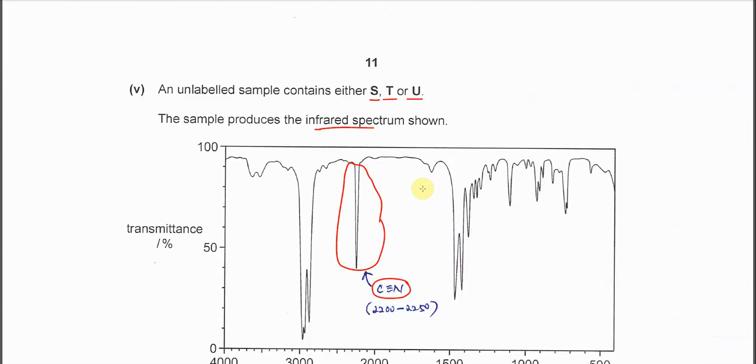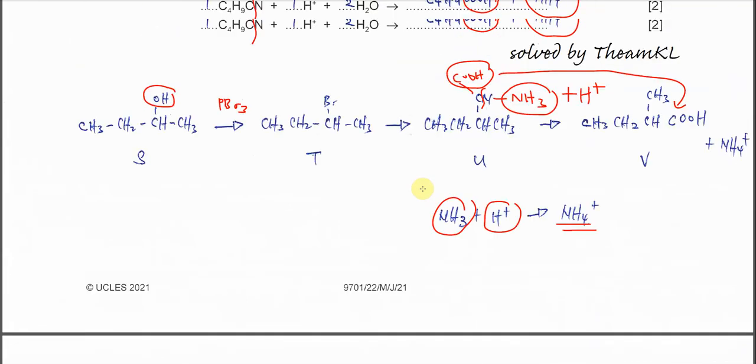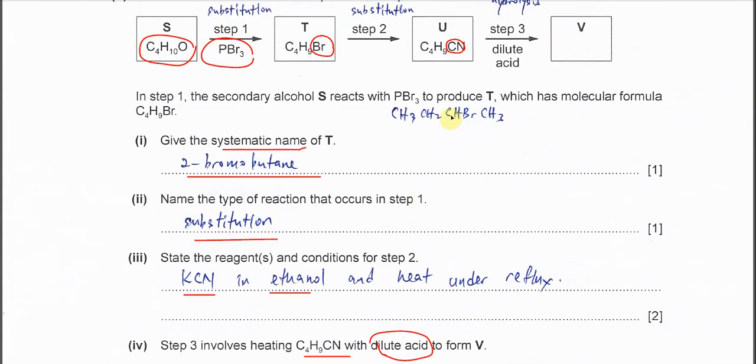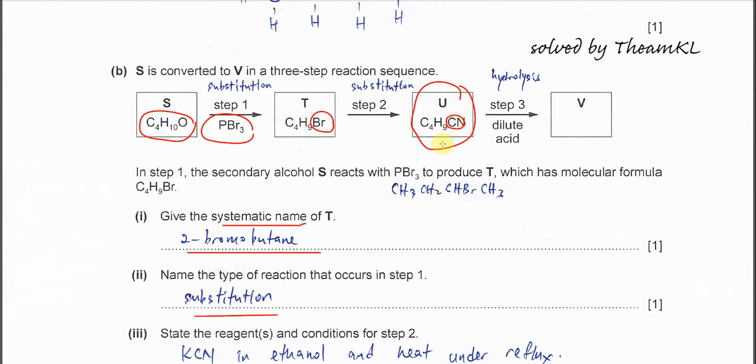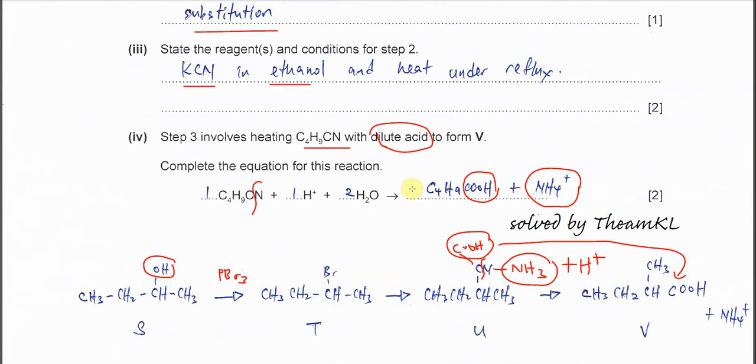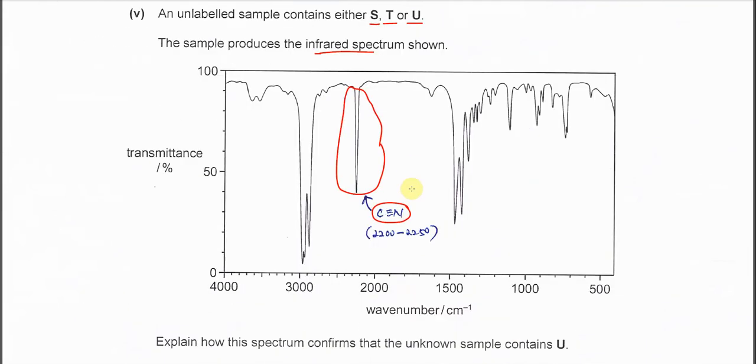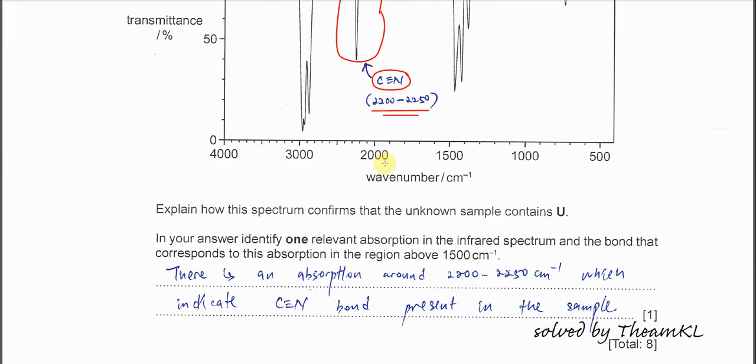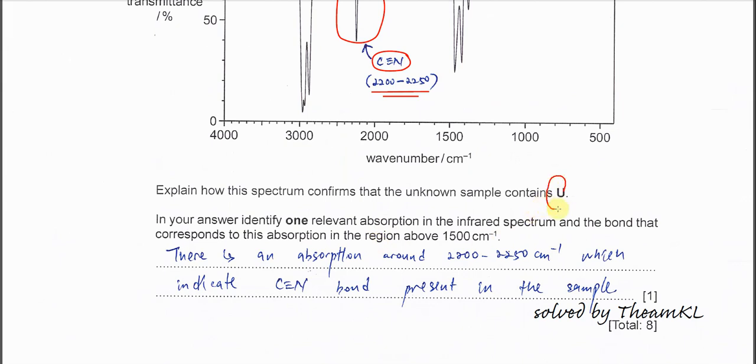So we know that it must be U, right? Okay, so this is what we can get from the IR spectrum, because from these absorptions we know that, in this range, it has a nitrile group there, so it must be U, right?